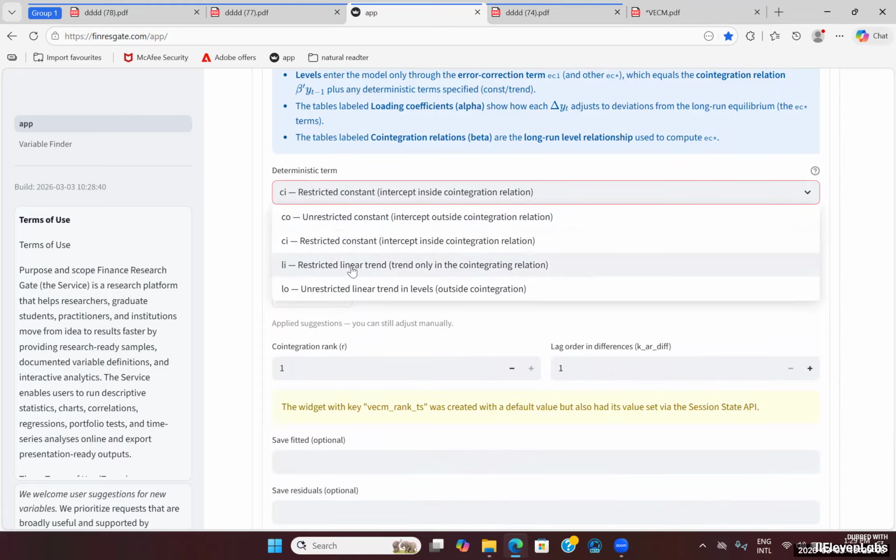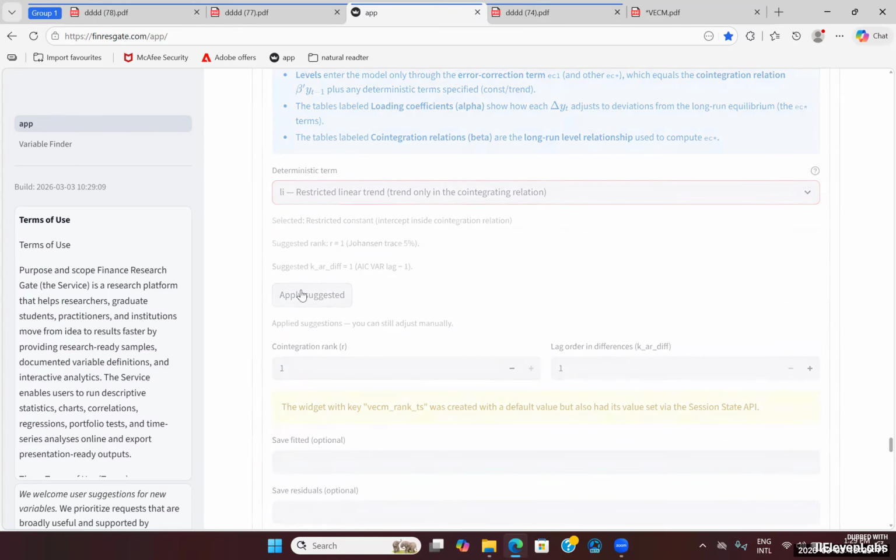For example, we are able to select the trend and then we'll be in a good position to put that suggestion into practice.